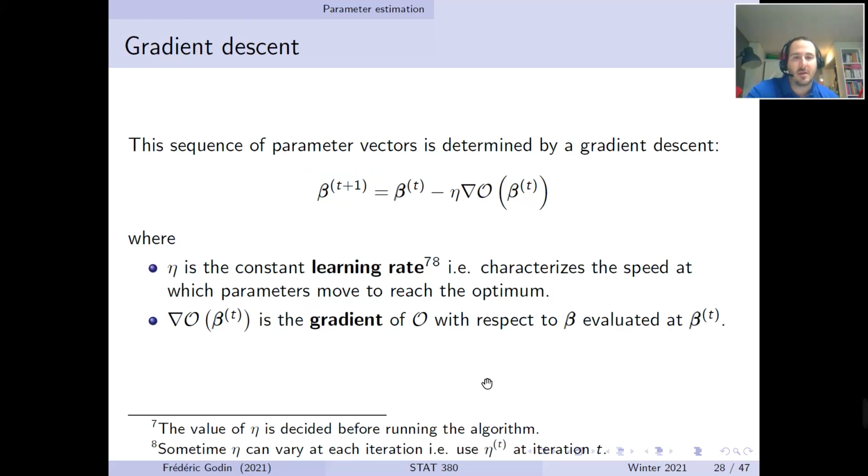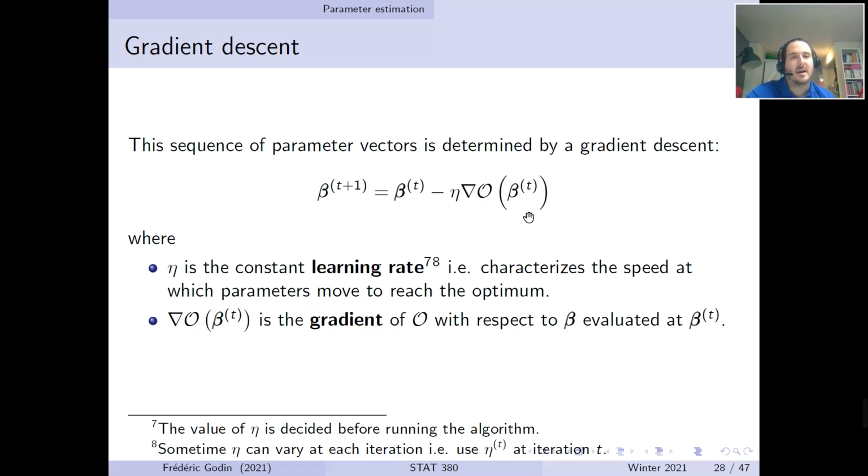To do that, the common approach in practice is gradient descent. This involves the following operation: the next parameter vector of the sequence is the previous parameter vector minus eta, a constant called the learning rate, which represents the speed at which the parameters are refined within the algorithm, times the gradient of the objective function with respect to beta evaluated at the current parameters.